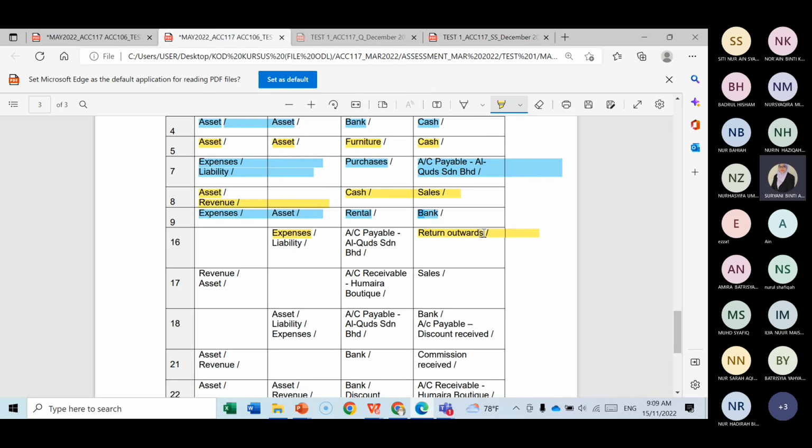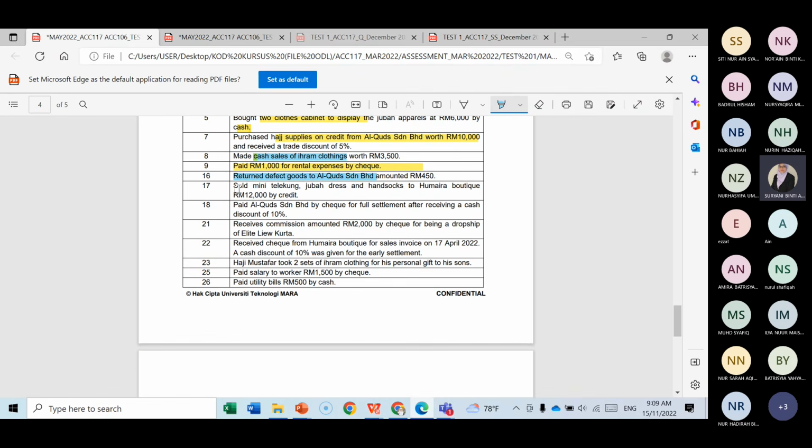Another name for return outward is purchase return. So decrease in liability, you have to debit the account. So what is the account to be debited? Account payable Al-Quds.